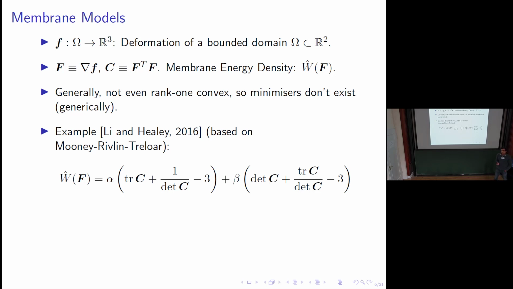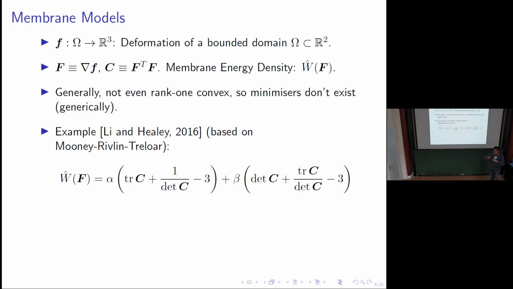Determinant of C going to 0, I don't understand. You go to 1, right? When determinant of C goes to 0, it's positive definite. So F transpose F. Can the determinant of C go to 0? What kind of deformations are you talking about?